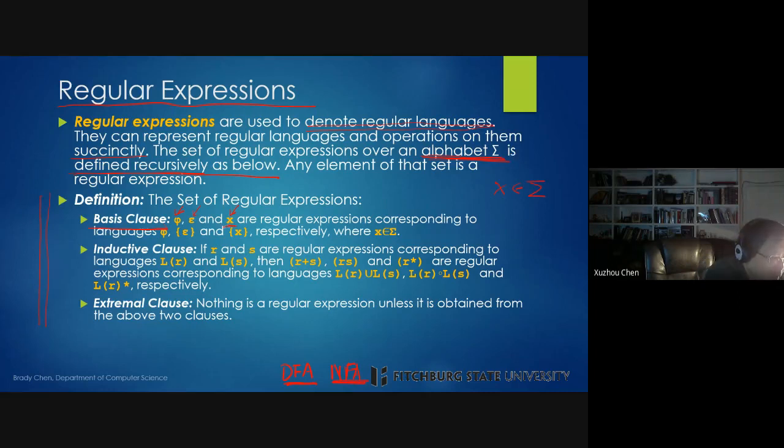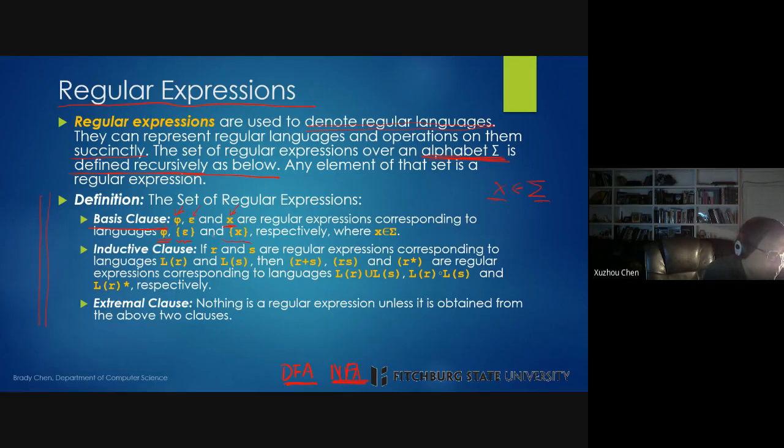So suppose x is any element in sigma, then we say phi, epsilon, and any x in sigma are regular expressions corresponding to the languages phi, epsilon, and x. So that's a regular language.